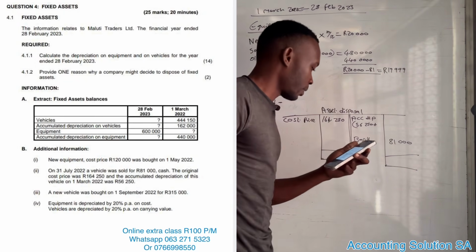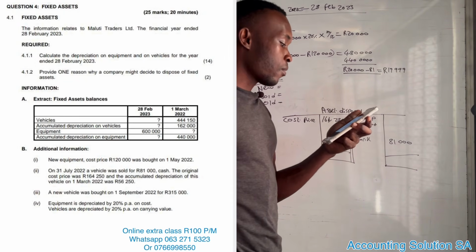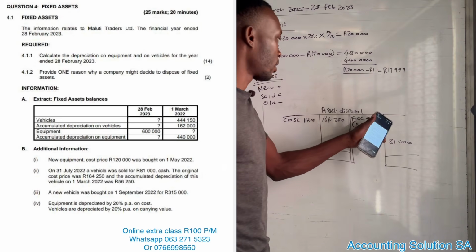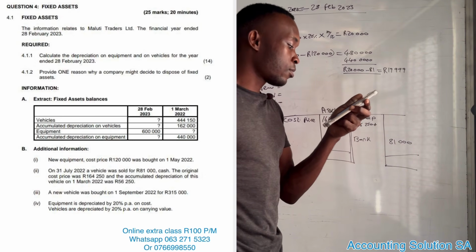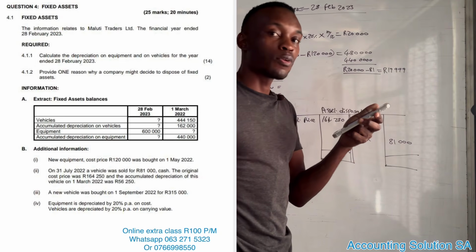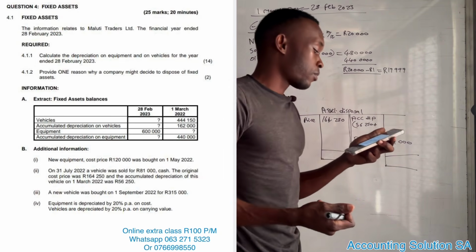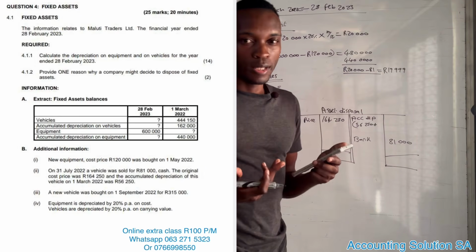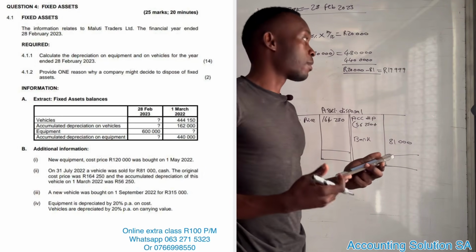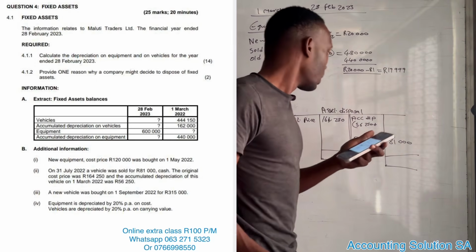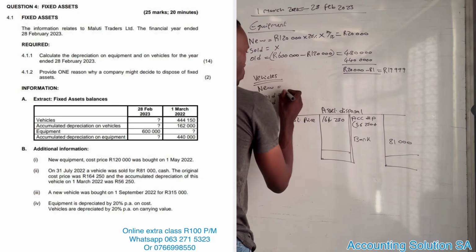Now let's proceed. We have to calculate another depreciation here, and it's going to be simple. Remember, for the vehicle we use the carrying value, not the cost price. The carrying value method is the same as the diminishing balance method: cost minus accumulated depreciation. So now let's calculate the sold one.